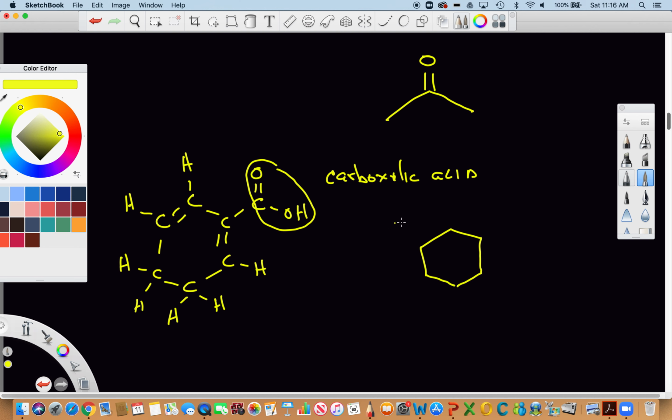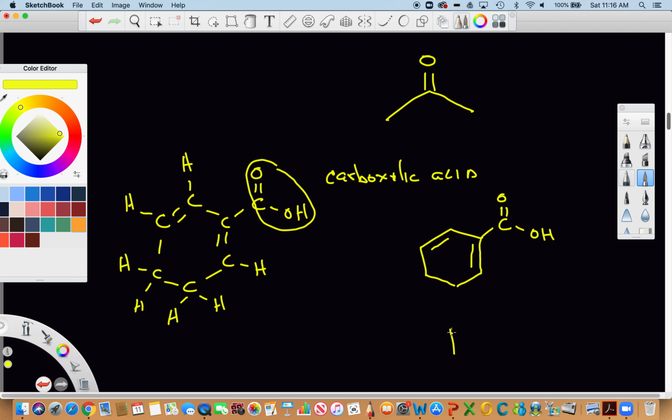Six carbons make the ring. There's a double bond here, a double bond here. And that would be how you would make the line formula, line angle formula.